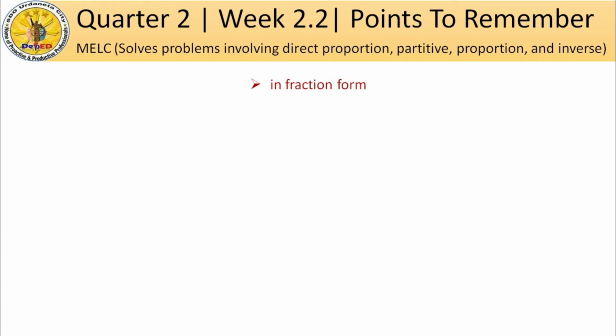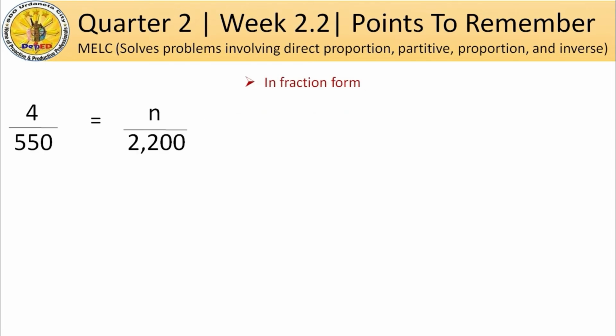In fraction form, it can be seen that the first given fraction is 4/550, where the numerator is 4 as the total number of Sundays, and the denominator is 550 as the total earnings of Madel within 4 Sundays. Now let's take a look at the second fraction.